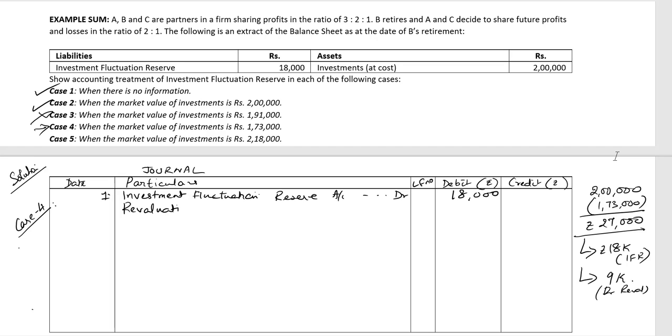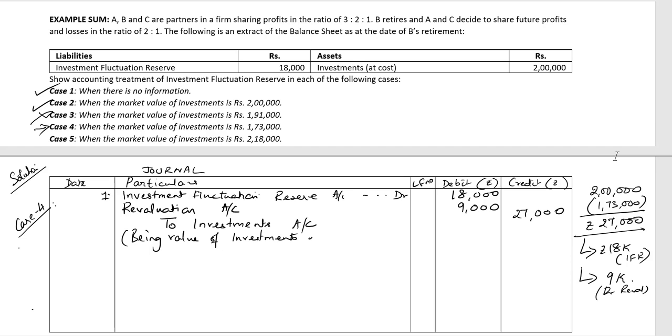For the balance, we'll debit revaluation account because we need to reduce the value of the asset investments by another 9,000 rupees, to investment account 27,000 rupees. So this journal entry ensures that the investment value is reduced by 27,000 rupees, being value of investments reduced.